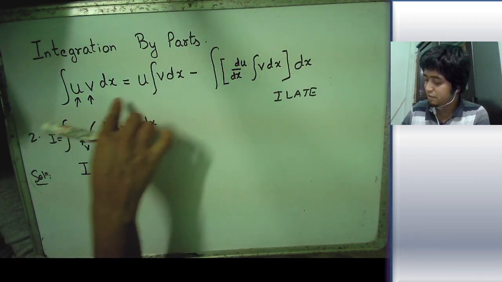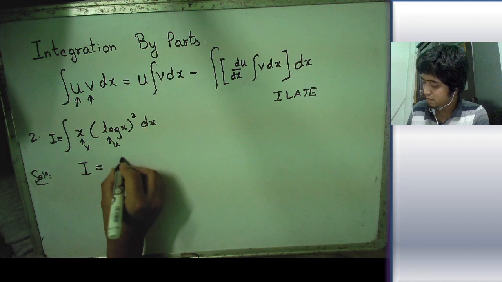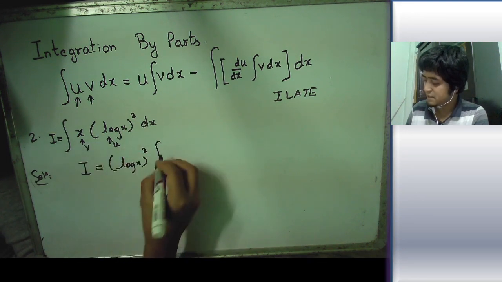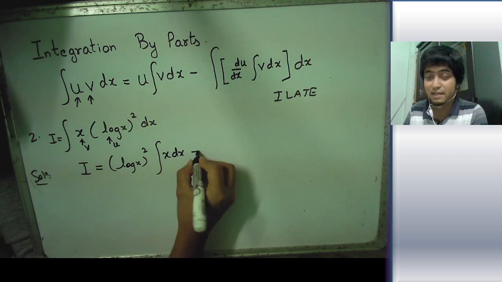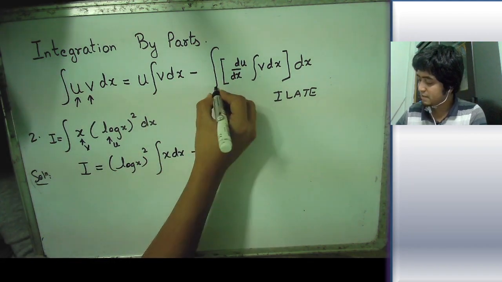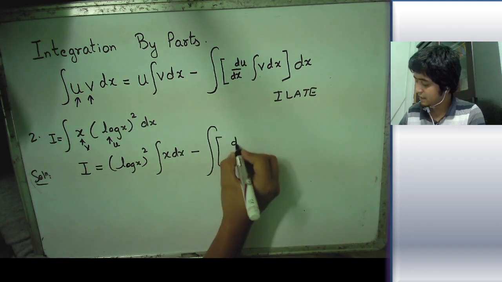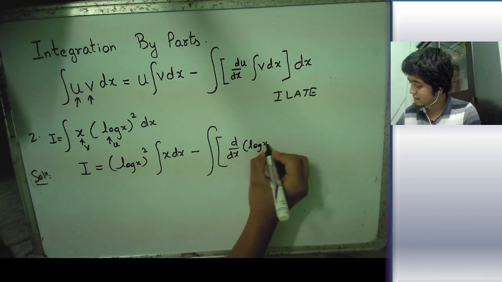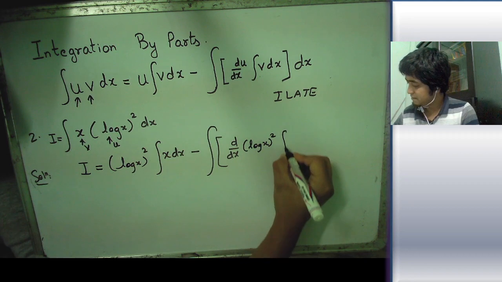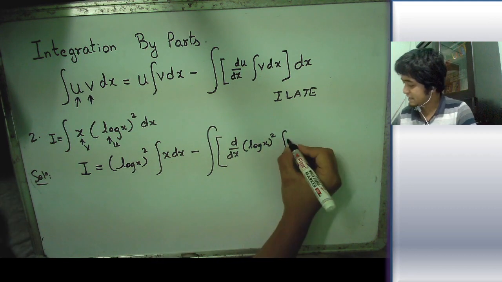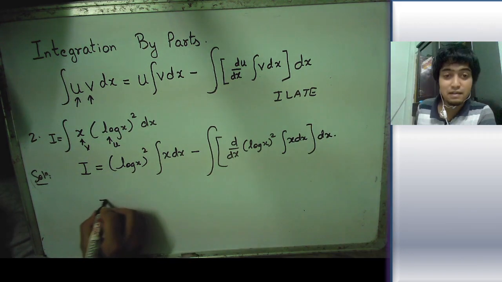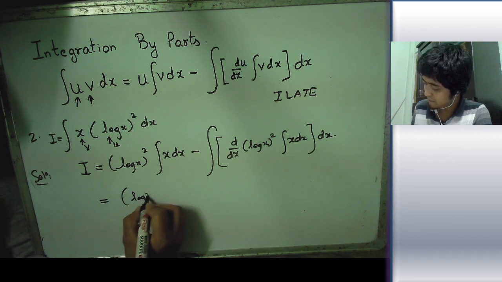Integration uv, which is u, (log x) whole thing squared, integration of v, which is x, minus a very big integral sign, d/dx of u, which is (log x) squared, integration of v, which is x dx. Okay, so this is what we are having.